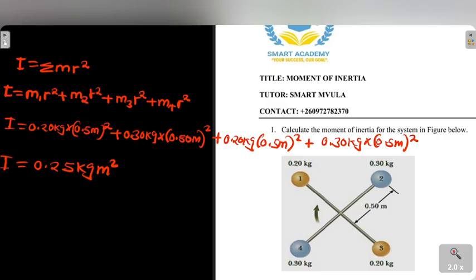That's what you should get as the moment of inertia of that system. You just punch that once on your calculator.